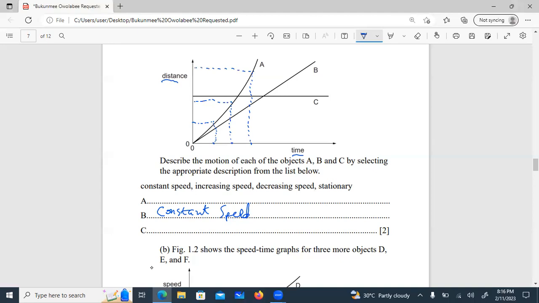So you notice that the distance keeps increasing. The distance here is very large when compared to the distance here and here. That means the distance keeps increasing exponentially at equal time intervals, so it shows that the speed is increasing. So we write increasing speed here.